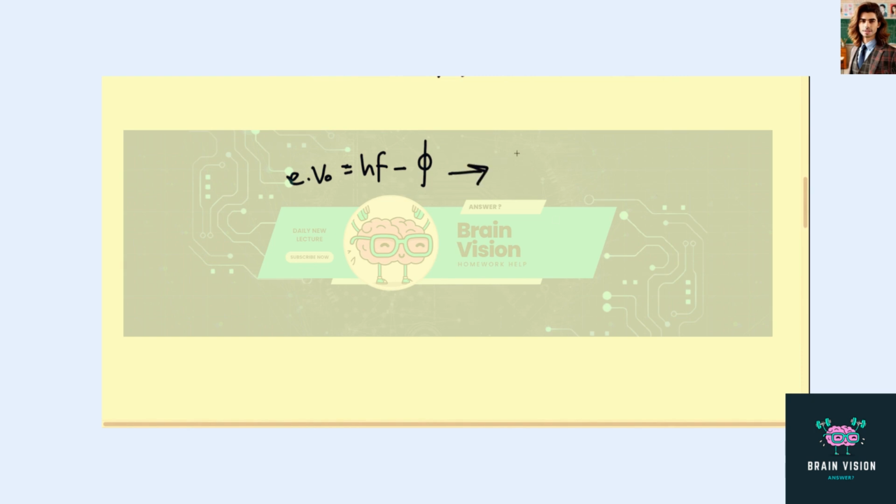We're going to say that 0 is equal to h over E times frequency minus the work function over E. If you multiply both sides by E, you'd get 0 equals hf minus the work function, which is the threshold. That's the threshold frequency, or the point at which you get the threshold frequency.